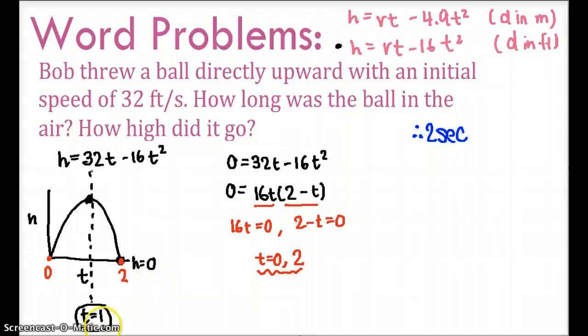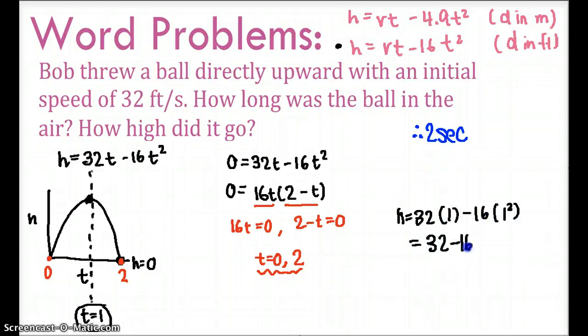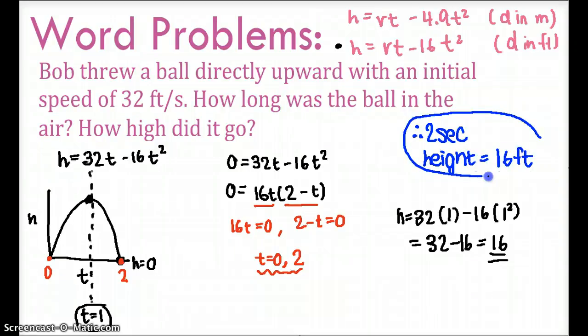So we plug t equals 1 into this equation and solve for h to find the maximum height. We have h equals 32 times 1 minus 16 times 1 squared, which equals 32 minus 16 equals 16. So our answer is that the maximum height is 16 feet.